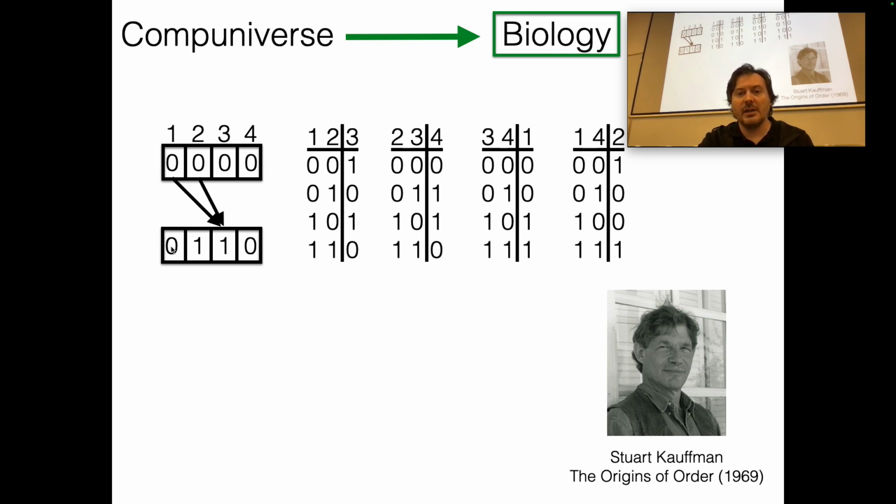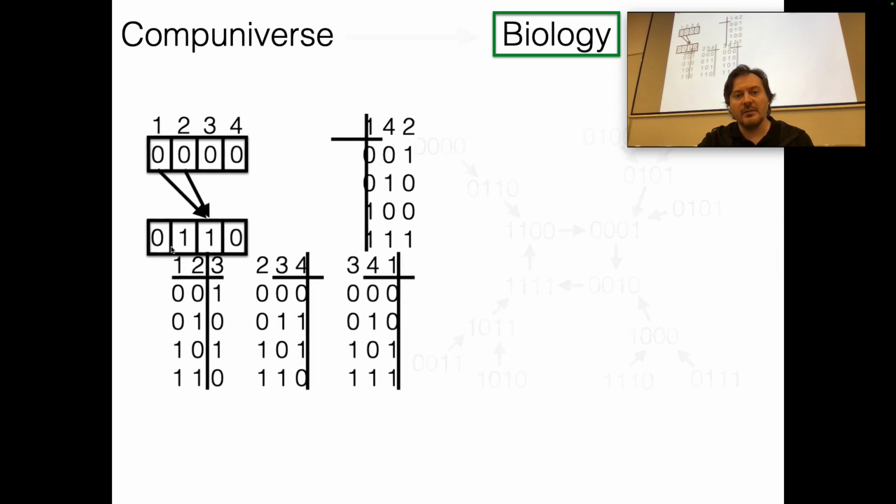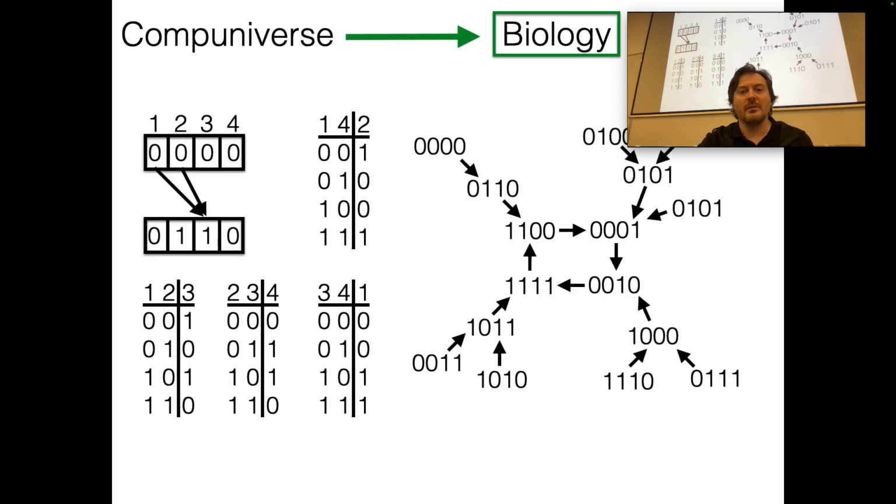Yes? Now, he puts it on a network, and he puts all the possibilities. For 4 genes, if you think binary, there are 16 possibilities. And if you plot it as a network, you can see that there is only one solution to this network.